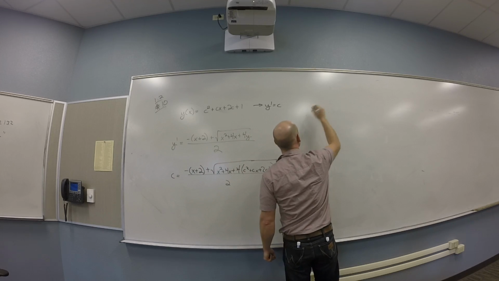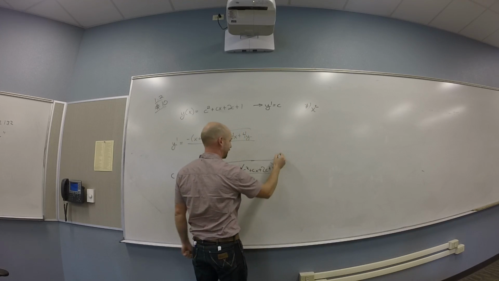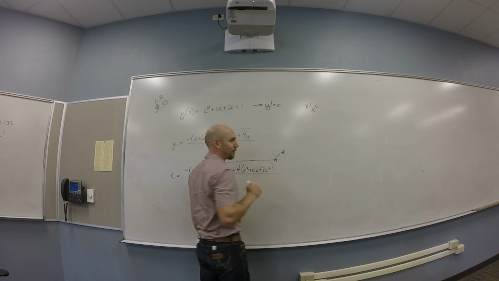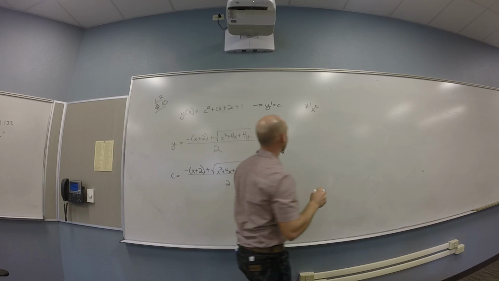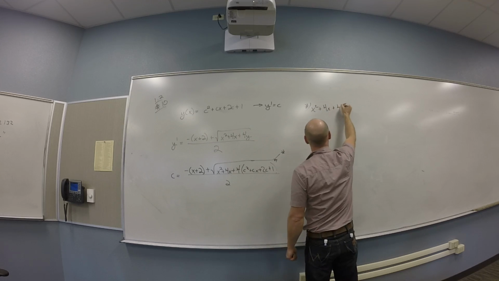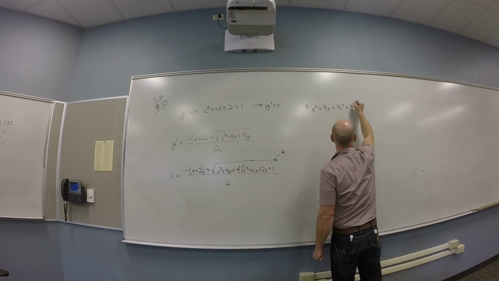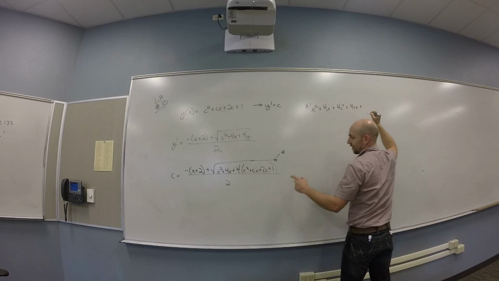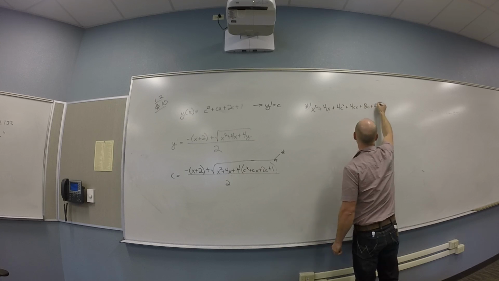So in that thing, I'm just going to play with that part. Call the crap under the square root star. Now, things I know about star: star is x squared plus 4x plus 4c squared plus 4cx plus 8c plus 4.